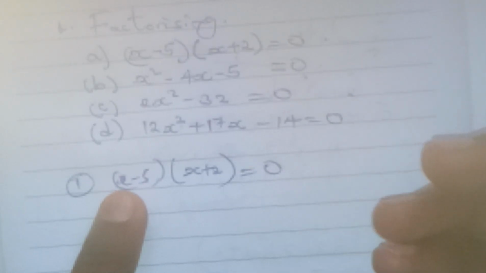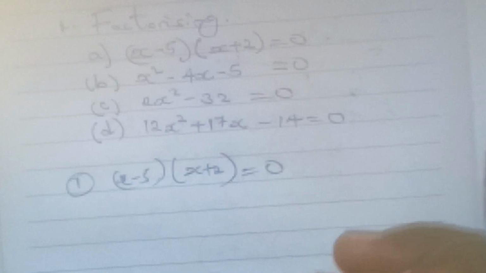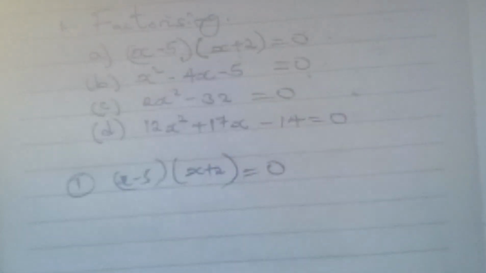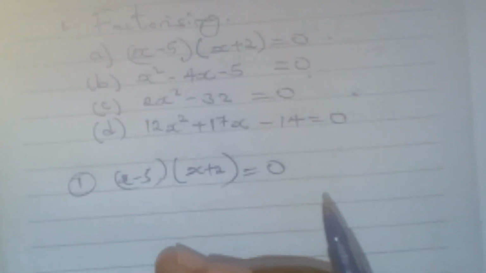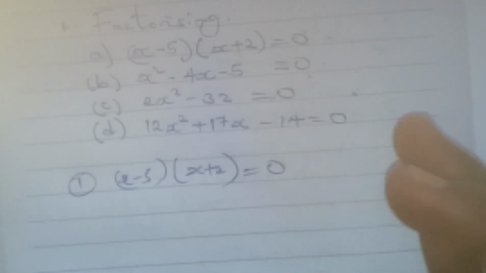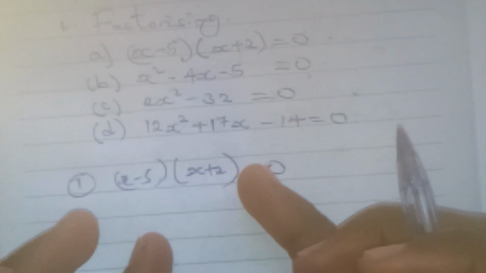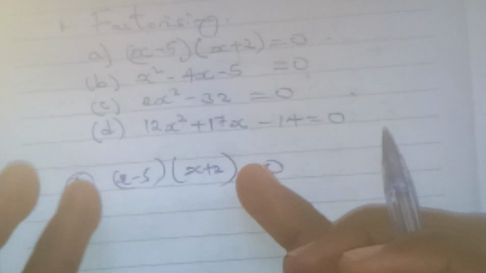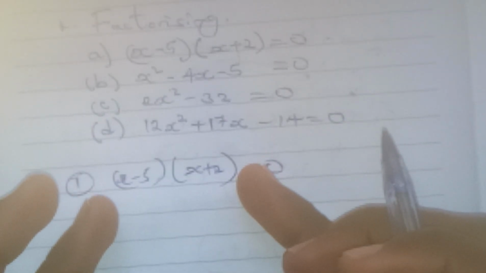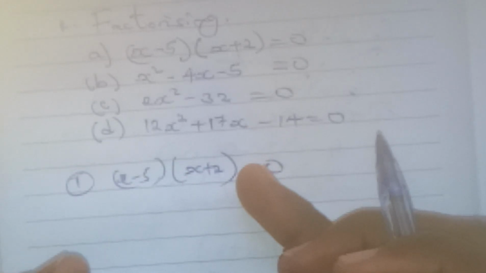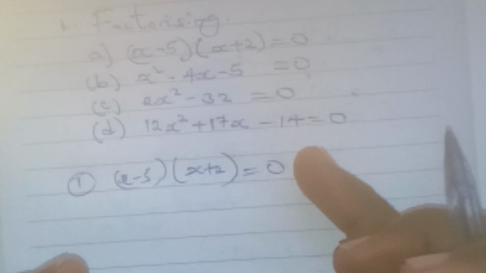So now we have this bracket and this bracket multiplying to equal 0. Under what circumstance can you get 0 when you multiply two numbers? Let's consider the first bracket and the other bracket as two separate numbers. Under what conditions can you get a result of 0?